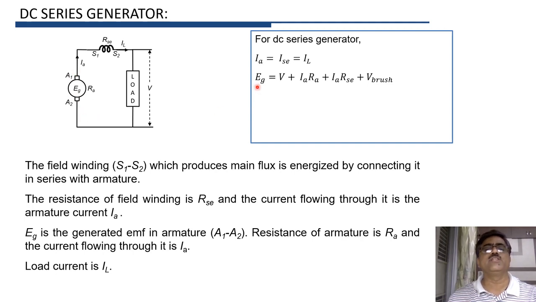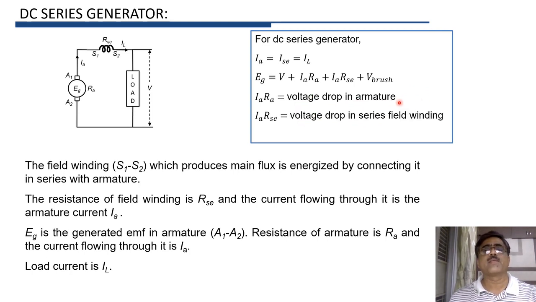And therefore, Eg is equal to terminal voltage V plus IARA plus IARSE plus V brush. So here IARA is voltage drop in armature, IA into RSE is the voltage drop in series field winding, and V brush is the brush contact voltage drop.